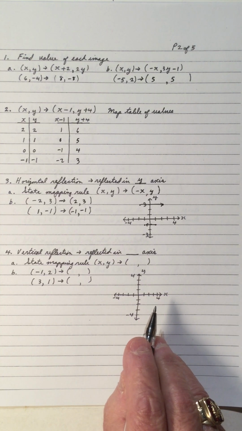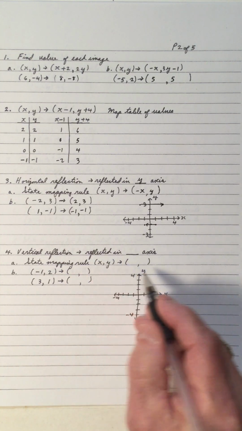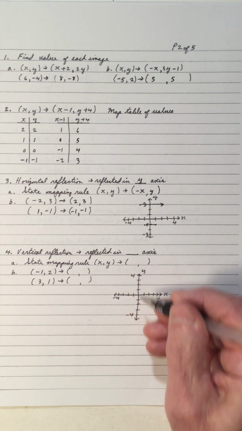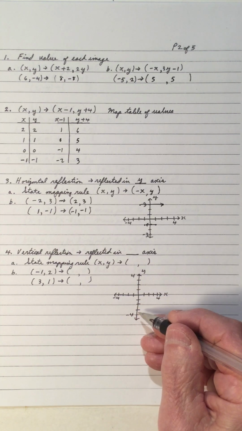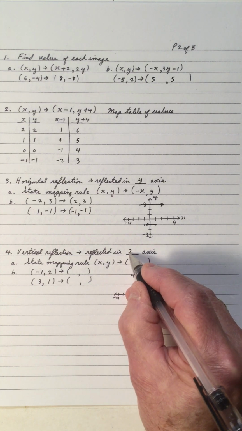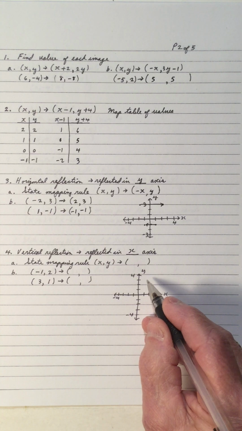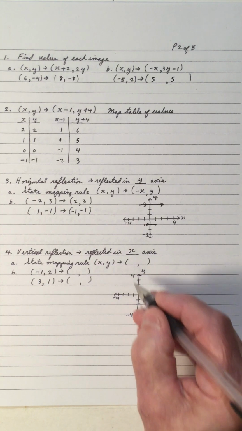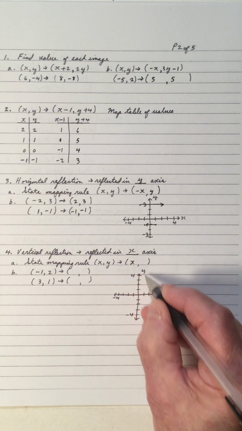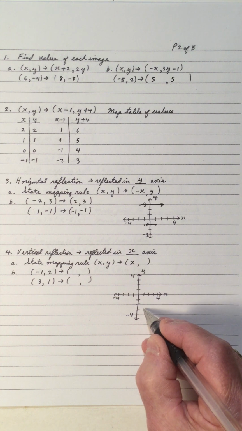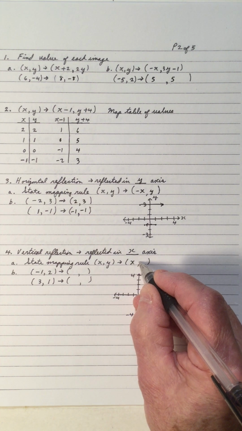A vertical reflection is when you reflect up and down. So when you reflect vertically, you reflect in the x-axis. And the mapping for that is, when you do vertical, you don't change the x, so the x stays the same when you go from here to here, but you change the y.